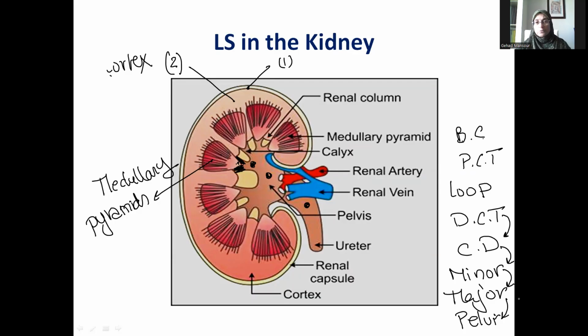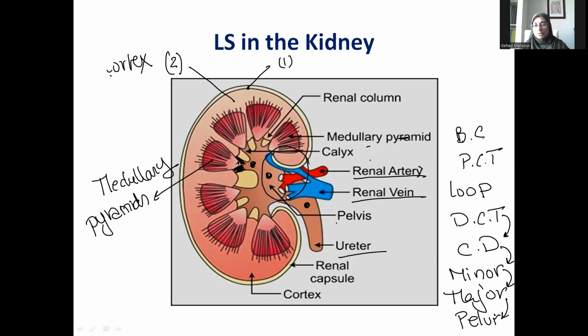You might also be asked about the hilum of the kidney, this inner concave part of the kidney, and the three structures that arise from the hilum of the kidney. And these three structures are the renal artery, the renal vein, and the ureter.